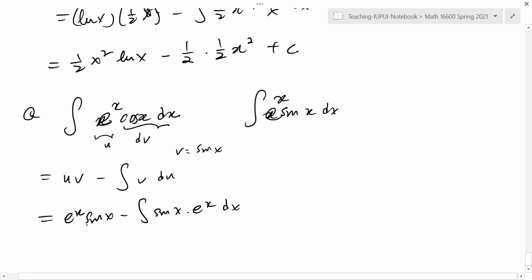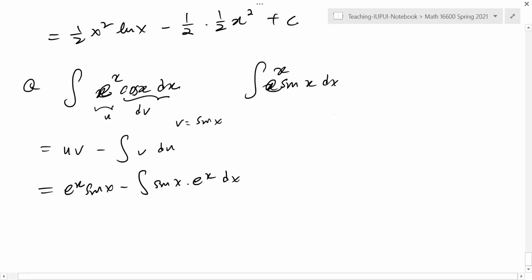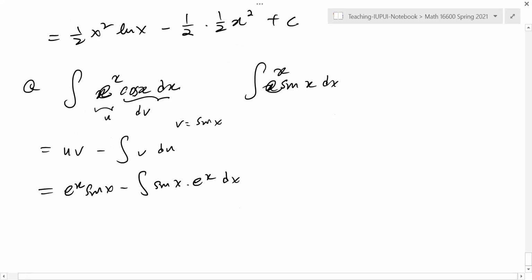The only change is from cosine to sine. Of course, you can continue and repeat it, then you can solve the problem. But you're not really getting rid of e to the x; it changes the nature of the function.